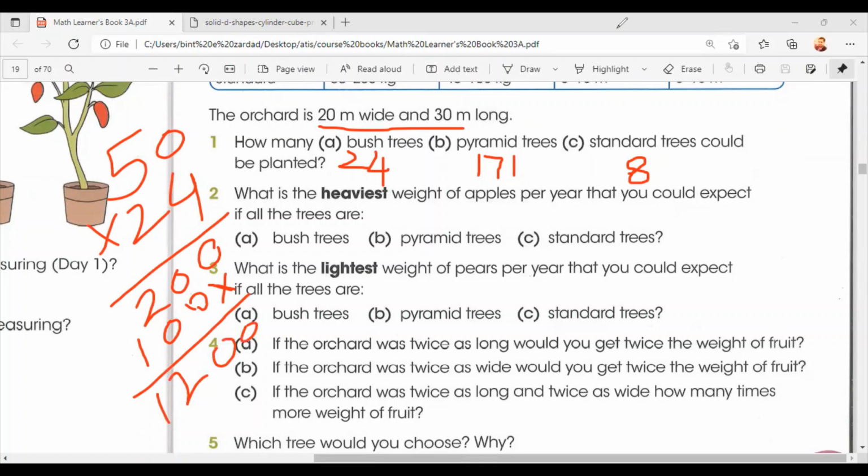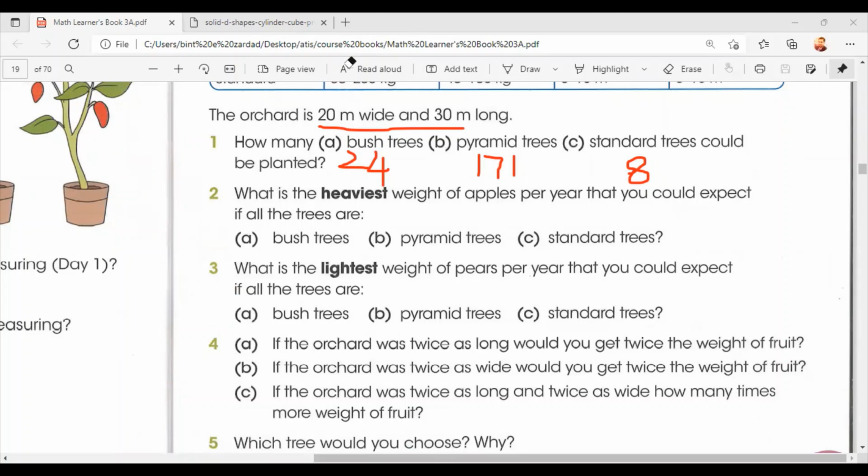So we write here 1200 for bush tree. The heaviest weight of apples per year for bush tree is 1200. So we get 1200 kg for 1 year of apples.